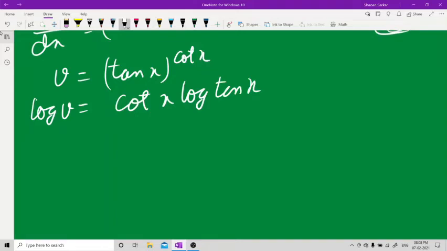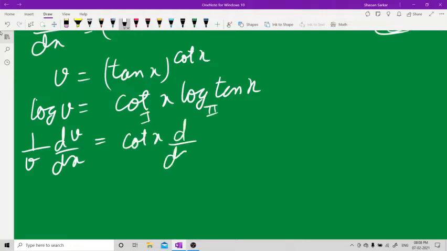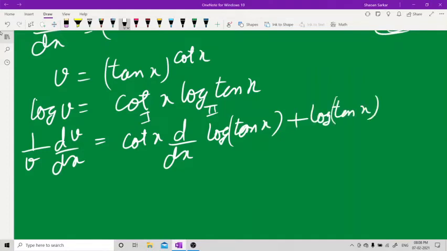Now do the differentiation. 1 upon v dv dx. First as it is, derivative of the second, plus log tan x and derivative of cot x. Very simple.